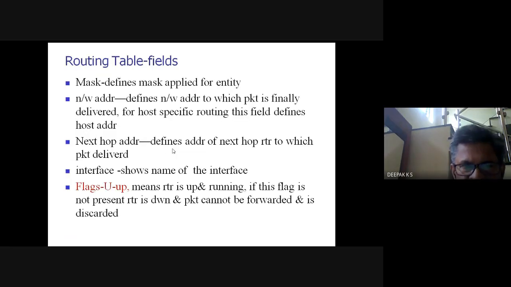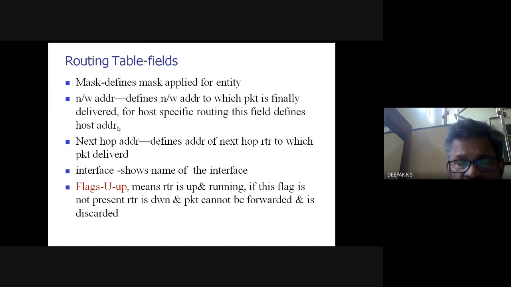I'll now describe the fields in detail. Mask defines the mask applied for the packet. Network address defines the network address to which the packet is finally delivered. For host specific routing, this field defines the host address. Network address means the network, the net ID portion.